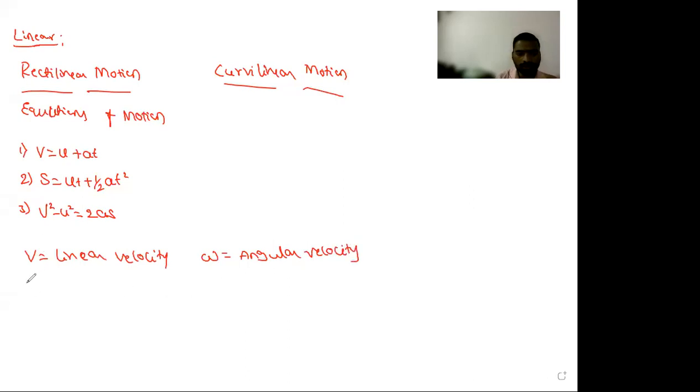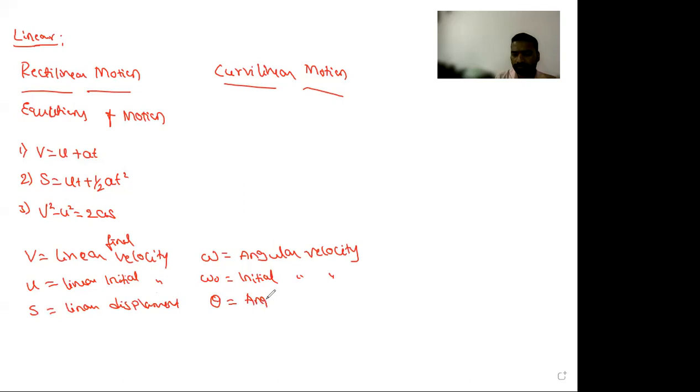Then U is the initial linear velocity, and V is the final linear velocity. The initial angular velocity I will take as omega naught. S is the linear displacement, so theta is the angular displacement.